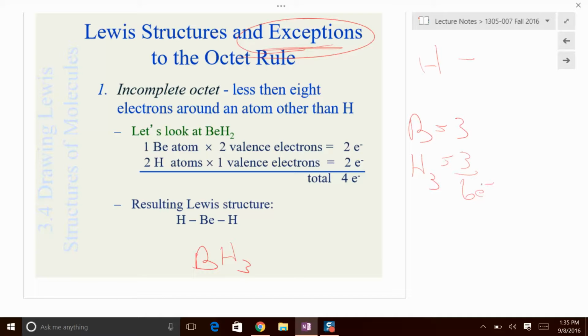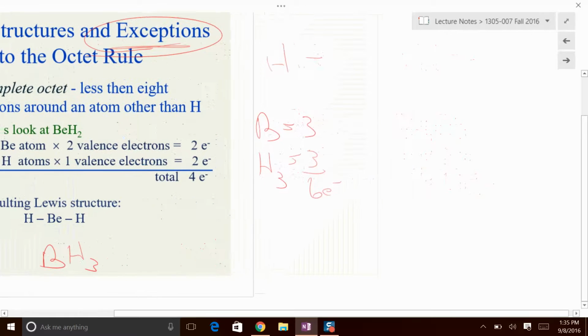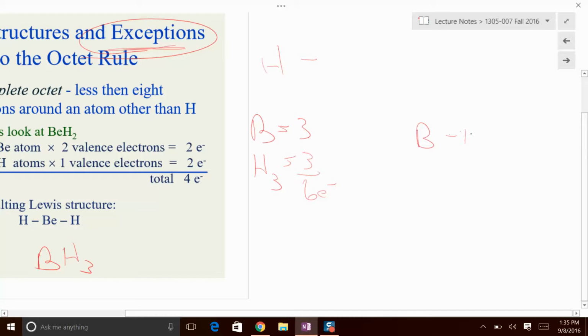This is an exception to the rule of 8. I cannot have 8 electrons on boron. So when I draw the structure B, H, H, H, that's it. There's my 6 electrons. I'm done. I don't have any other electrons. I cannot satisfy the rule of 8 with only 3 electrons on boron. So it is an exception.